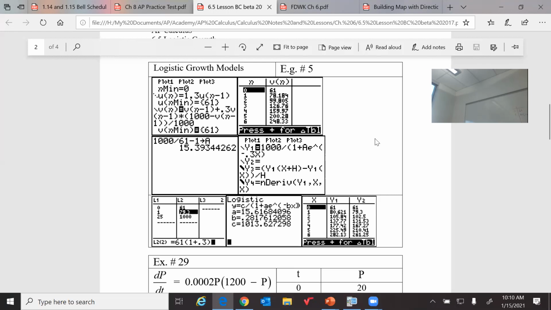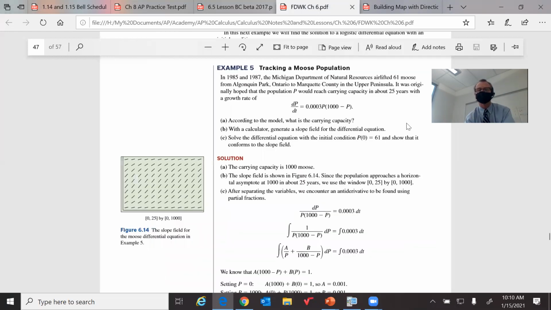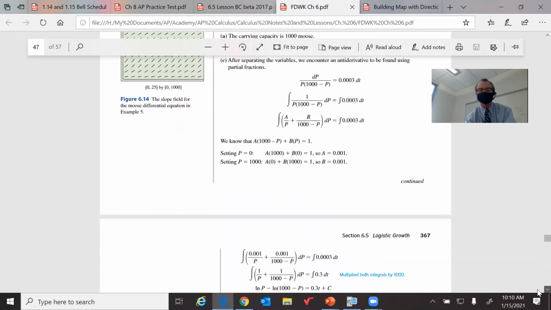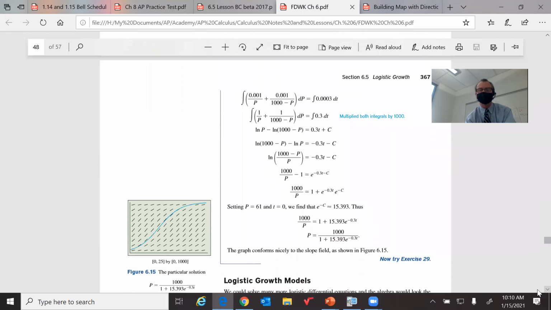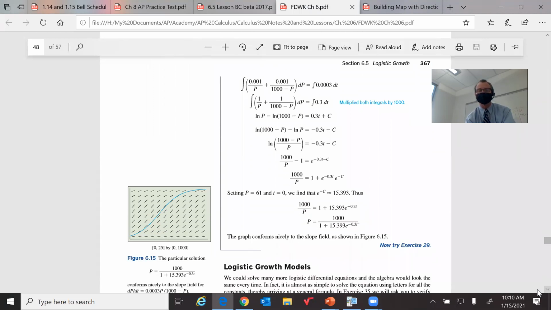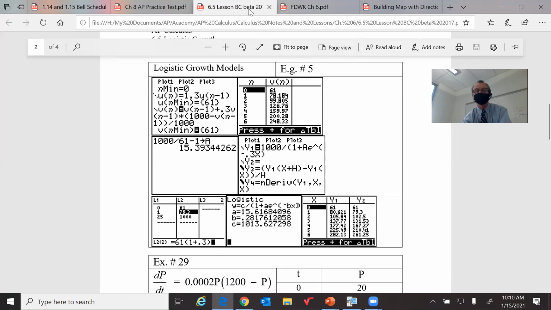Okay? So one more thing. We want to show you in the textbook, and then we'll do the exiting. So we're still on the moose problem. Right? And here's them doing the moose problem. Now look what they got. See this number right down here? There's the final answer. And here is our answer.